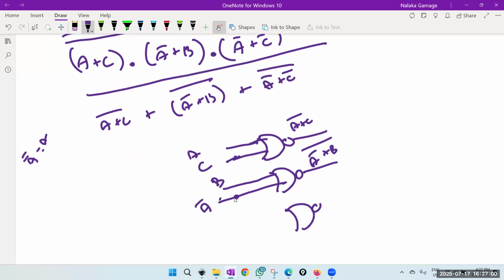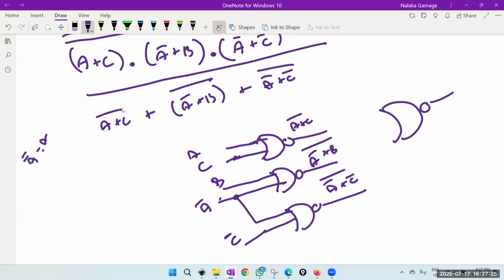A bar is available, and I can assume that C bar is separately available, because the examiner says you have A bar, B bar, C bar separately. So this is A bar plus C bar bar. Then I need another three input NOR gate. You can assume that there are three input NOR gates, because this is X plus Y plus Z bar. And this is my final output.